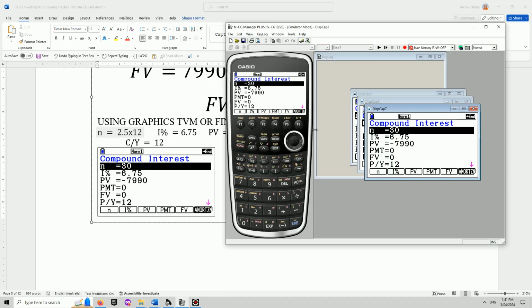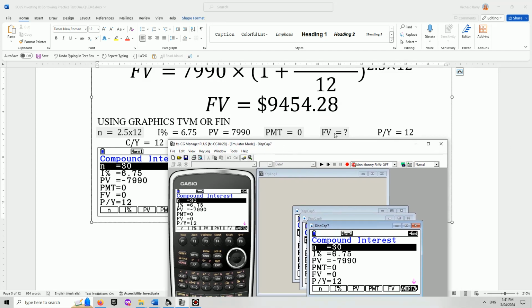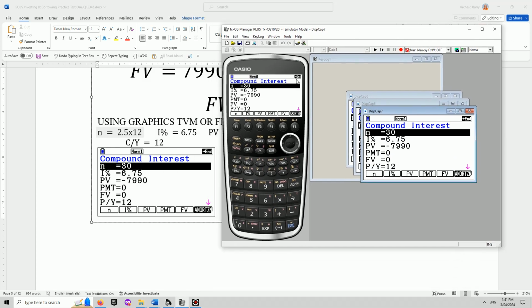Then we go back to the calculator. Which one of these were we looking for? We are looking for future value. So press the button underneath, future value, and we get it.